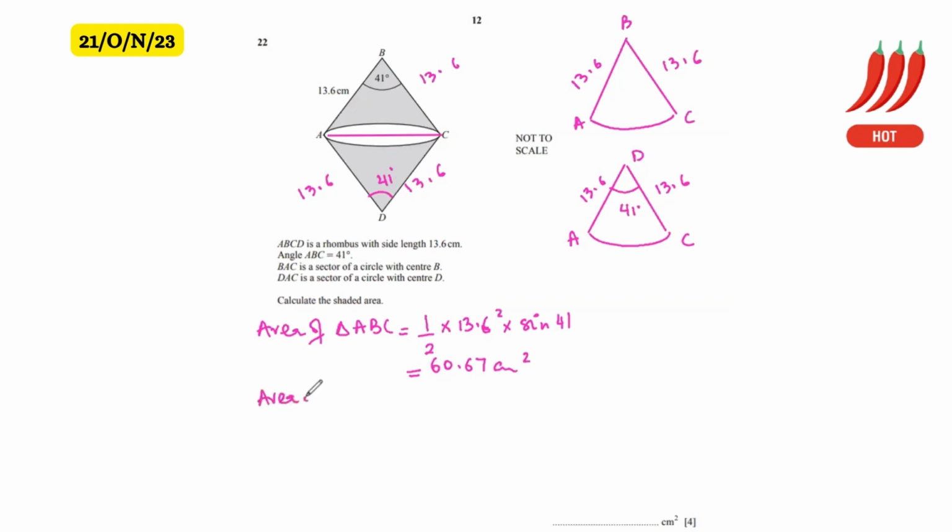The area of triangle ADC is also 60.67 centimeters squared. Now for the sector, we can find that as well. Area of sector ABC, which will be the same as ADC. So that's 41 over 360 times pi times 13.6 squared, which gives us 66.18.